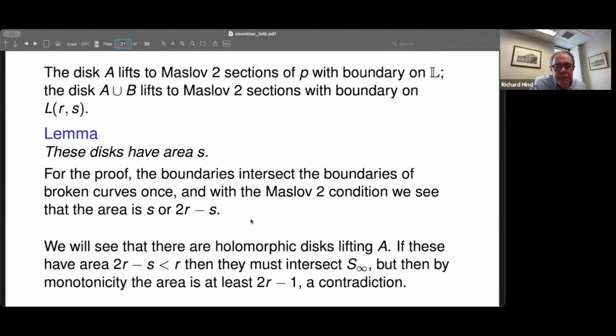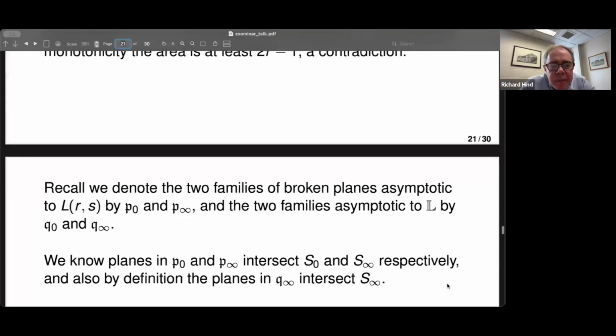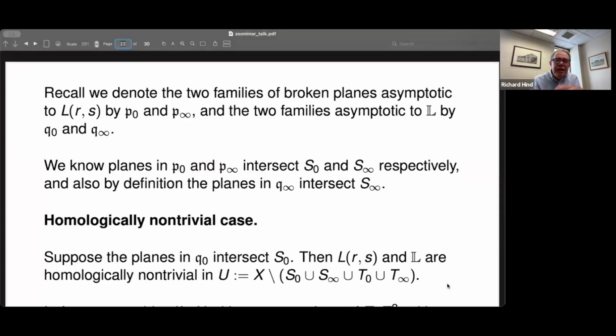All right, so now this is referring back to that picture. The claim is that the picture I drew about these foliations is correct. There's the two families of planes asymptotic to LRS, and the two families asymptotic to bold L. Because LRS is the product torus, I can assume that P infinity intersects S infinity, and P0 intersects S0.